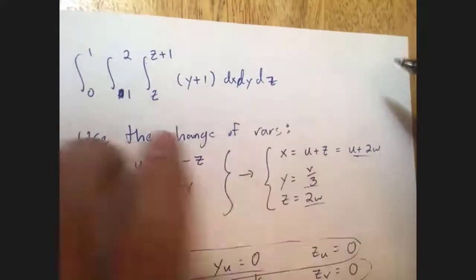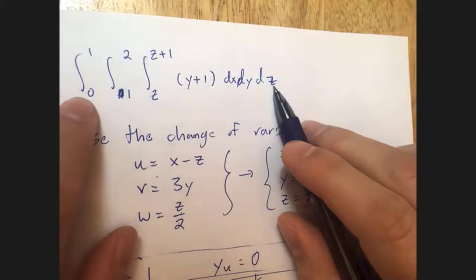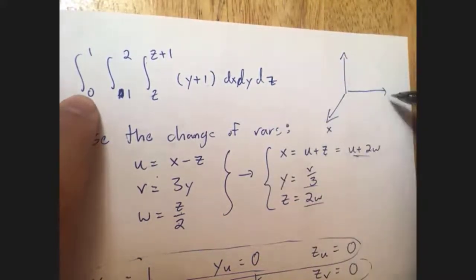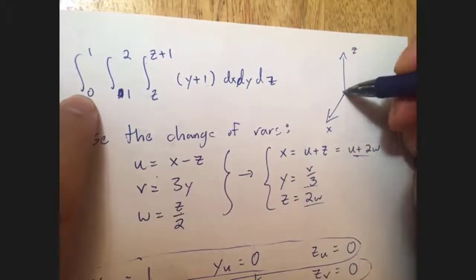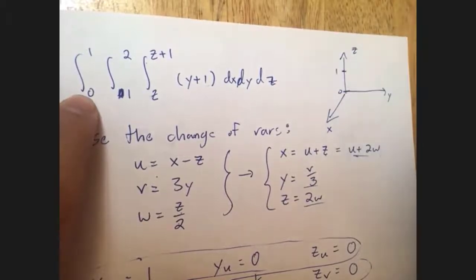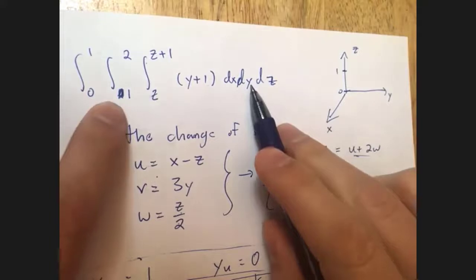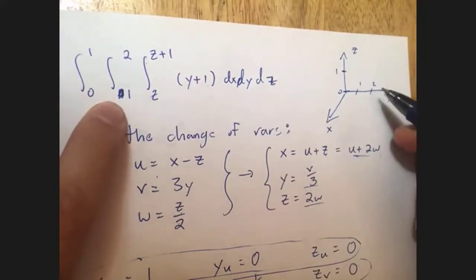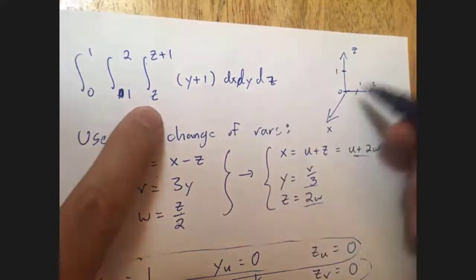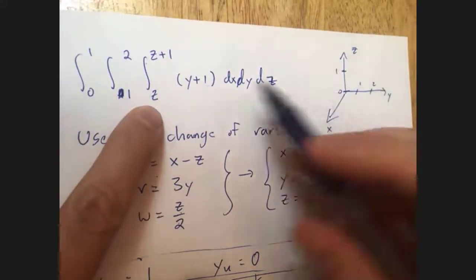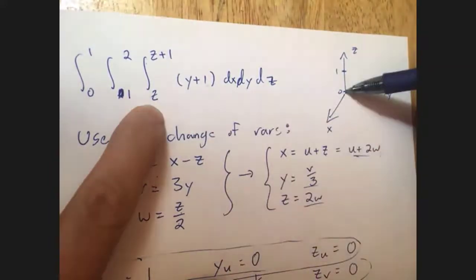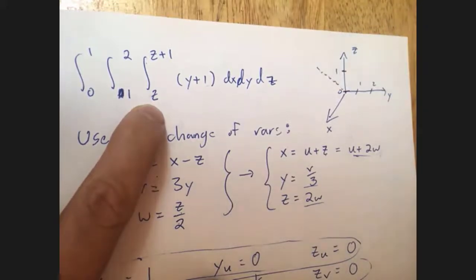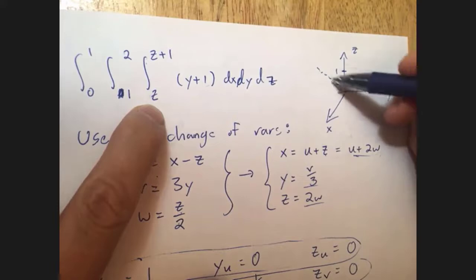The original coordinates for, let's see, z was ranging between 0 and 1. So from here to here. Y was going from 1 to 2. And then x was going from z to z plus 1. So z is that diagonal line, x equals z is just this.